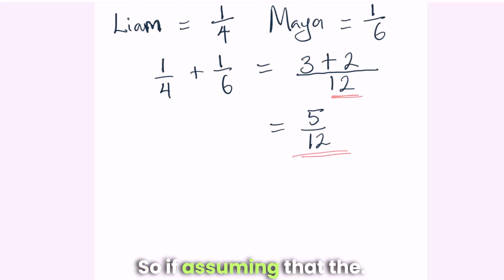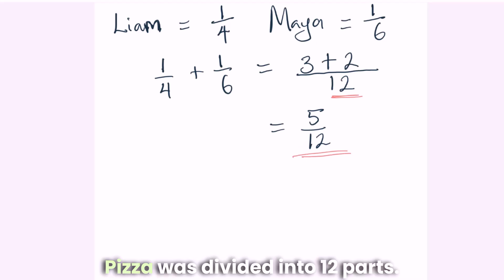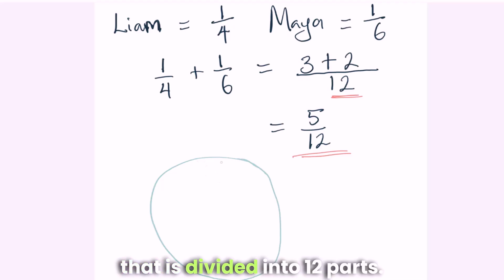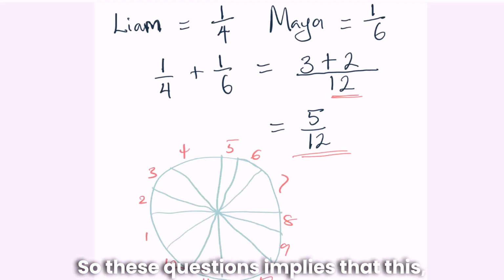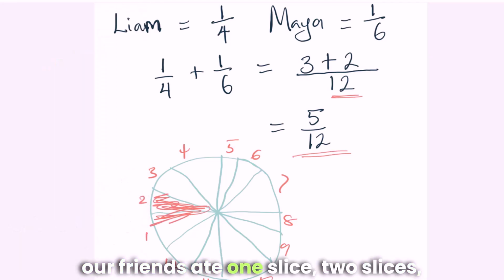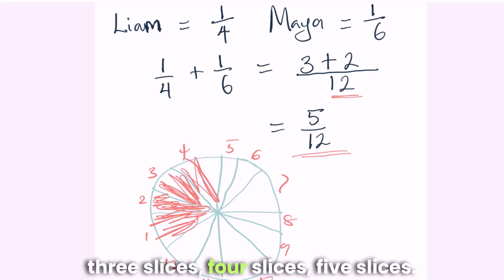So assuming the pizza was divided into 12 parts, this question implies that our friends ate 1 slice, 2 slices, 3 slices, 4 slices, 5 slices.